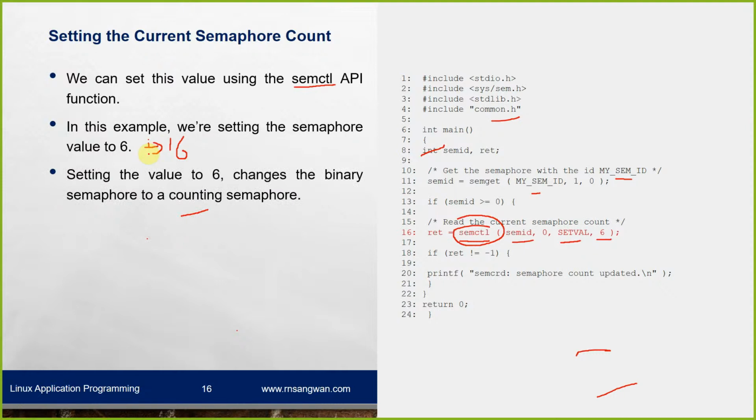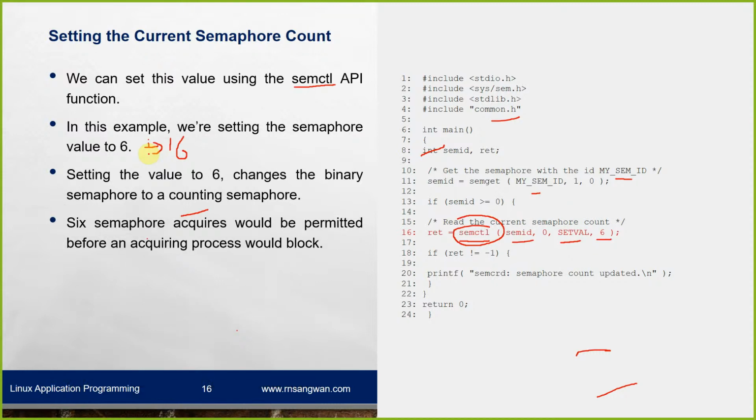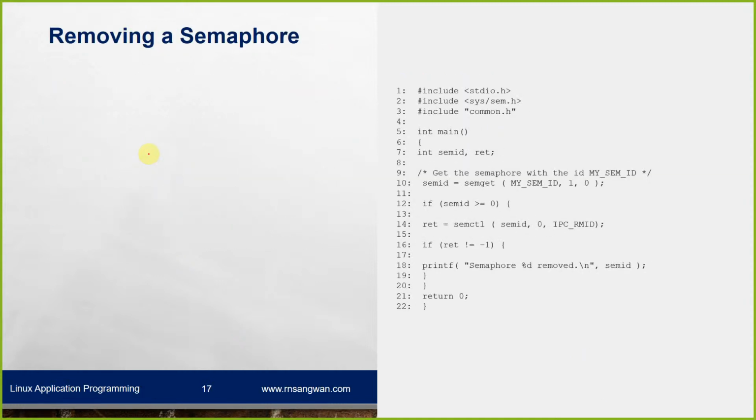Setting the value to 6 changes the binary semaphore to a counting semaphore. 6 semaphore acquires would be permitted before an acquiring process would block. Removing semaphores: we call it with a special function, ipcrm ID, in line number 14.